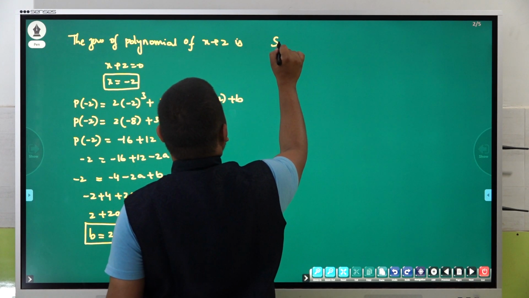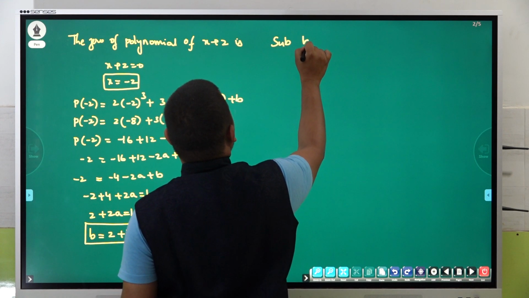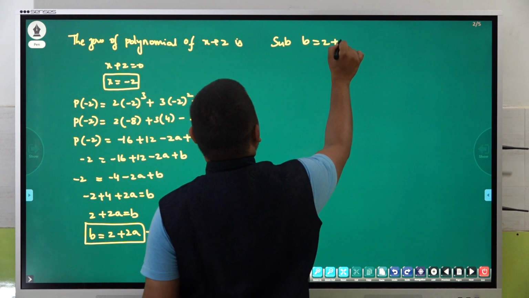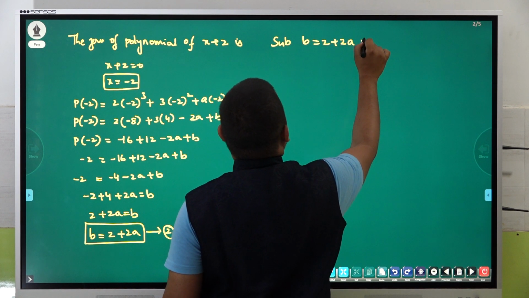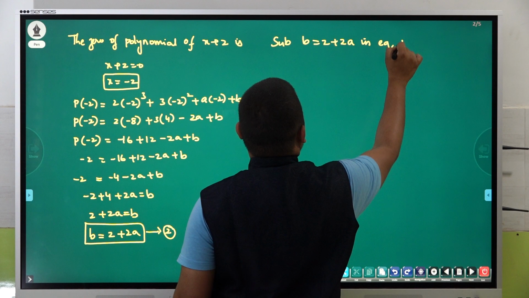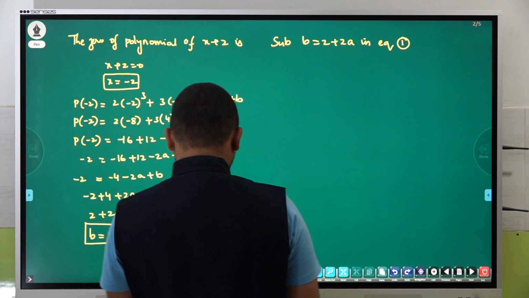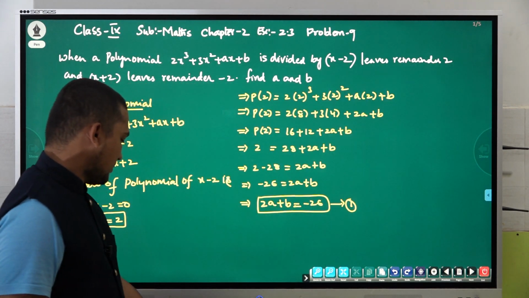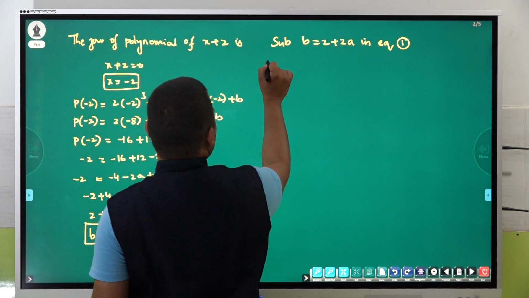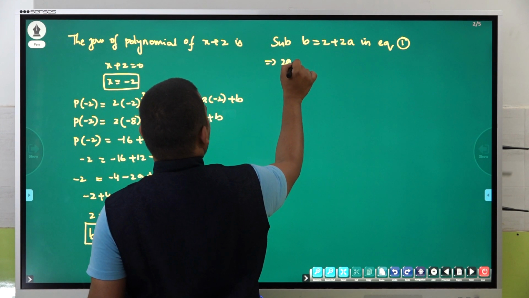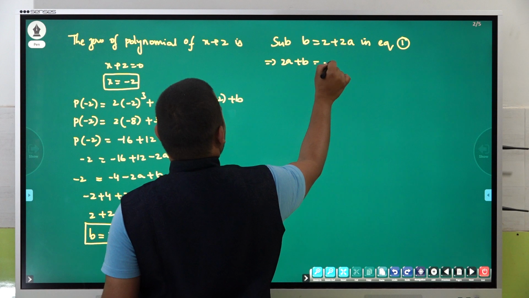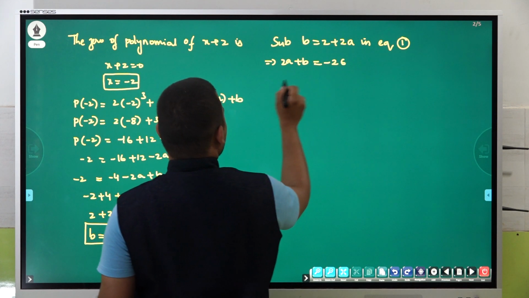Then substitute b is equals to 2 plus 2a in equation 1. Okay, what is equation 1 here? 2a plus b is equals to minus 26.